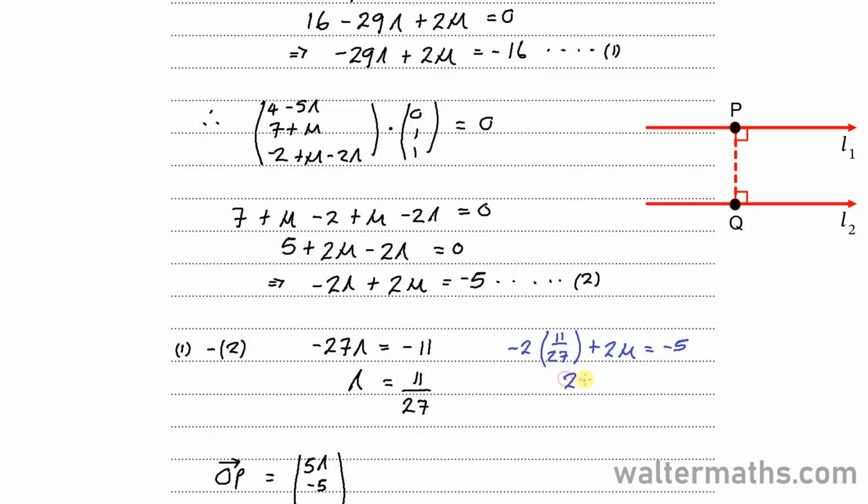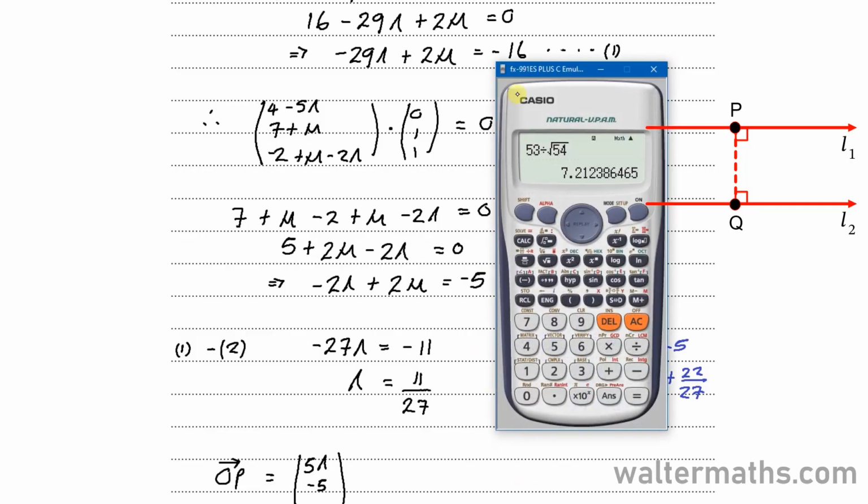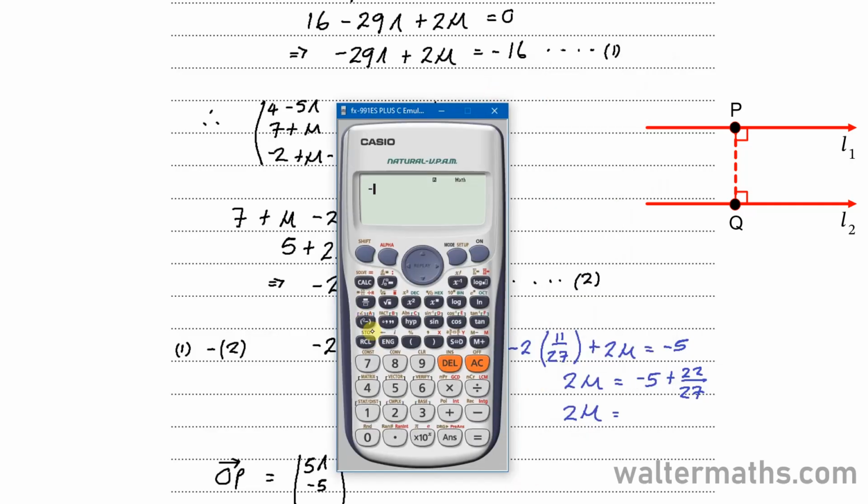Then 2 mu will be equal to minus 5 plus 22 over 27. So 2 mu is equal to minus 5 plus 22 over 27, and we're getting that as minus 113 over 27.